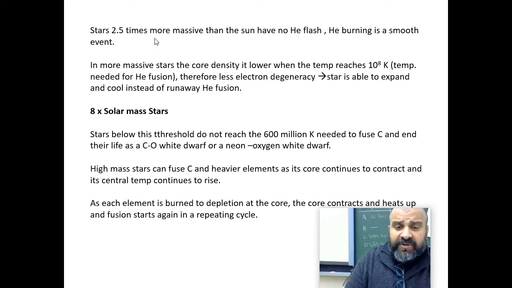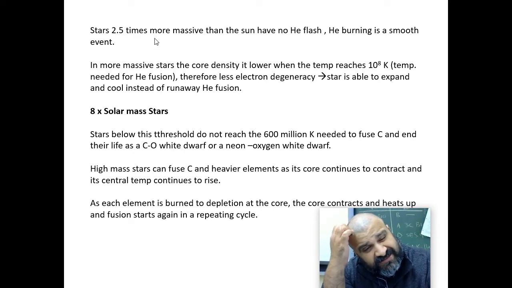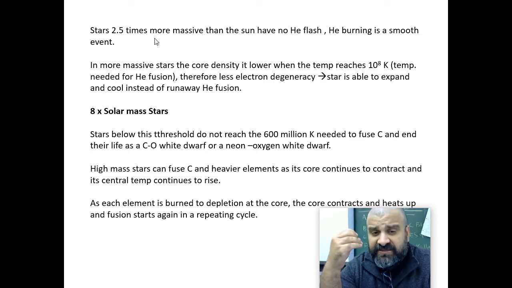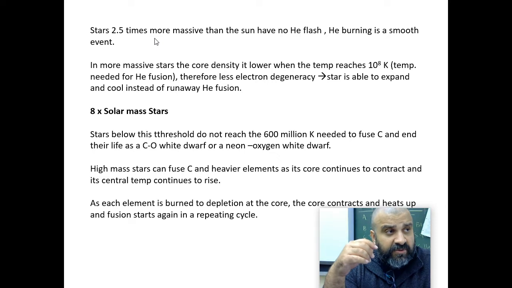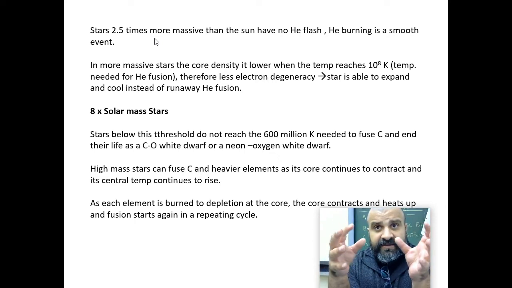So stars 2.5 times more massive than the sun. That number is not really quite correct, but it's a generalization. It doesn't always hold true. Big stars don't have a helium flash, so they don't become degenerate, right?